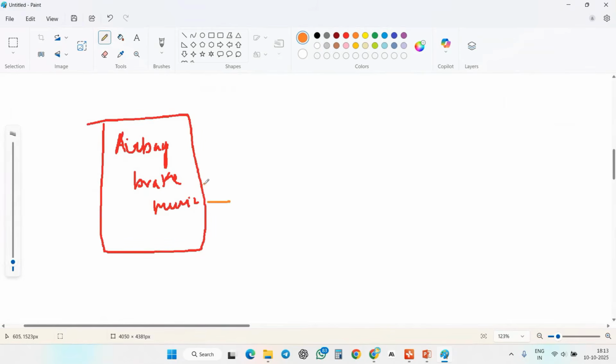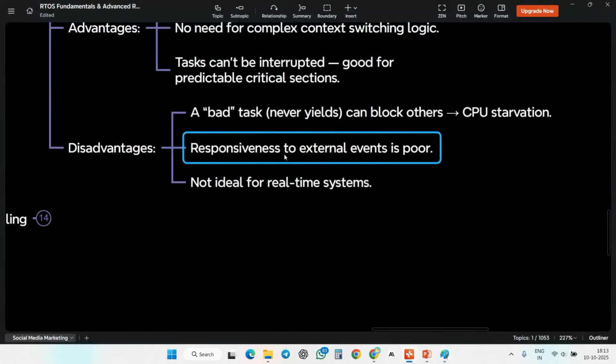If everything runs one after another, and the higher priority airbag task tries to interrupt, it can't respond because it is a cooperative task. One after another only is it going to be done. This time it is not good for a real-time operating system. It is very bad for external events; responsiveness is very poor because it does not respond to the higher priority task.